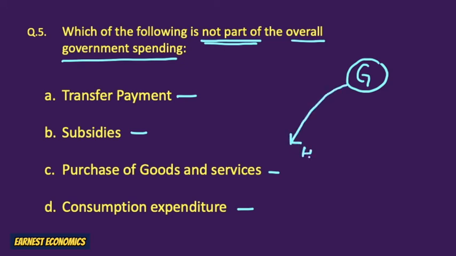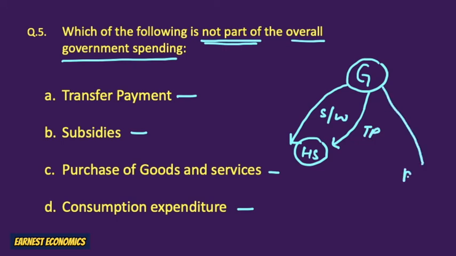Now, if you focus on the expenditure of the government, part of it goes to the household sector as salaries and wages. Part of it goes again to the household sector as transfer payments. Part of it goes to the business sector because it has to purchase goods and services, and part of it goes again to the business sector because it provides subsidies to the business sector.